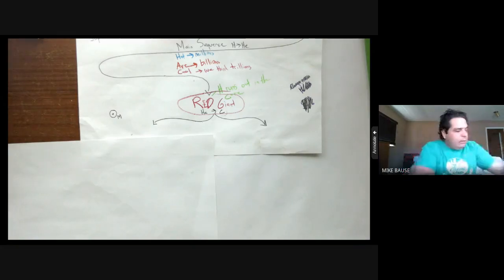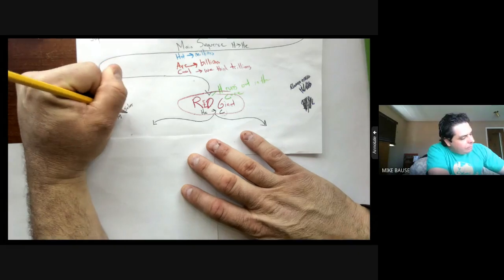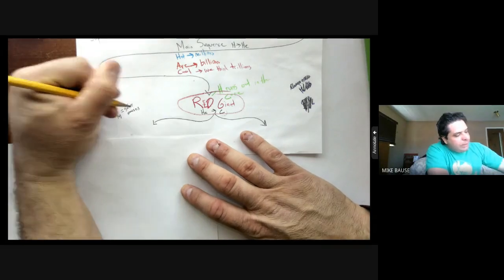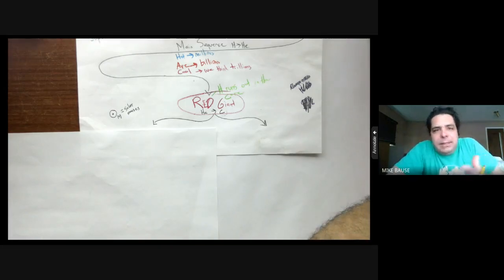And that to me means solar masses. One solar mass has the same amount of mass as our sun. It is the mass of the sun, in case you didn't pick up on the sarcasm.